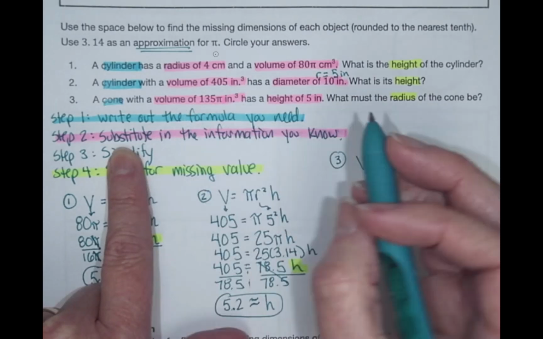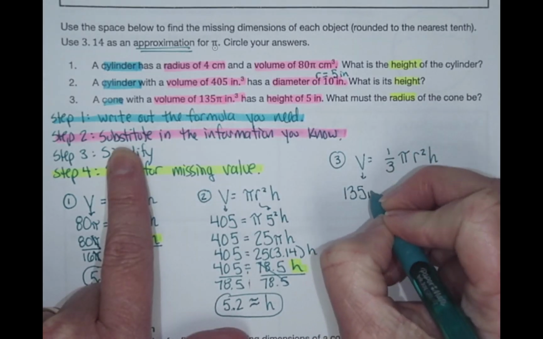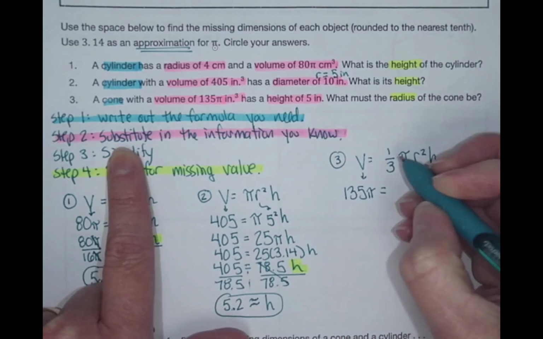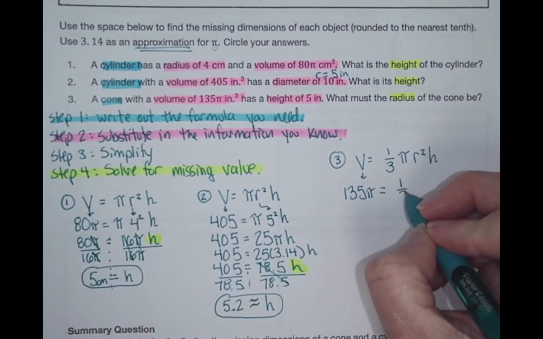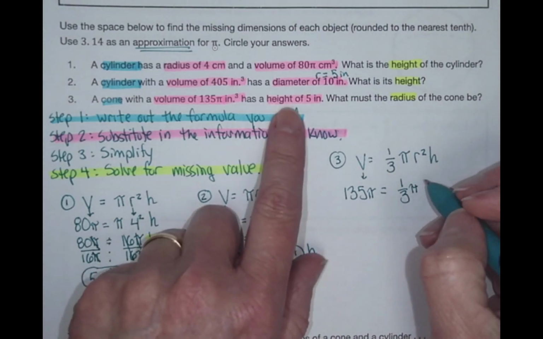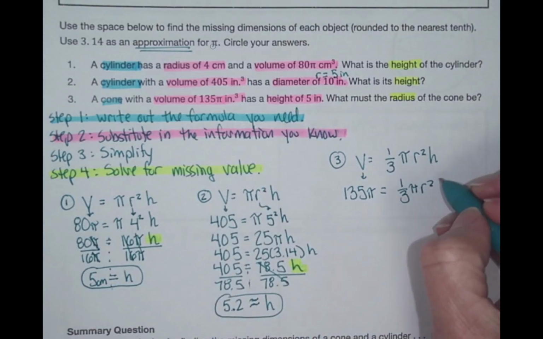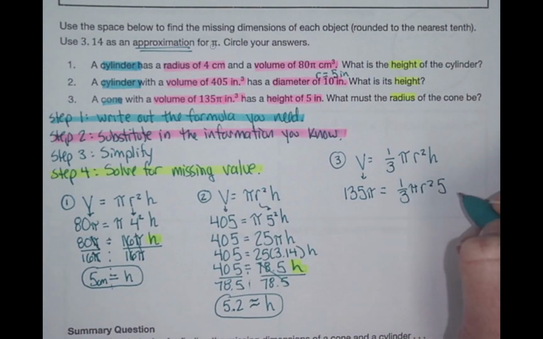The volume is 135 pi. I have 1/3 times pi, and the radius squared, the height we have this time. Excuse me, the height is 5.